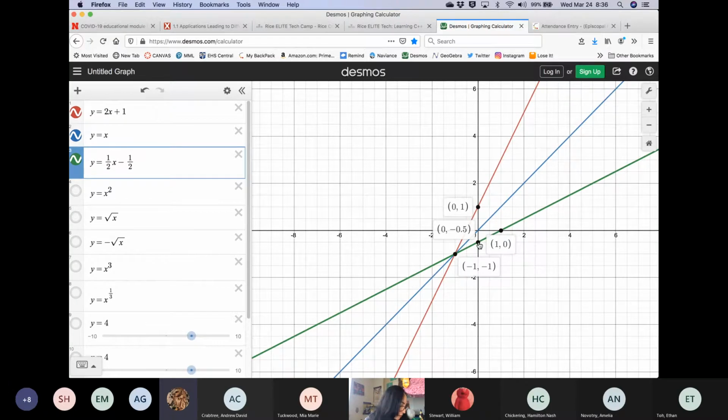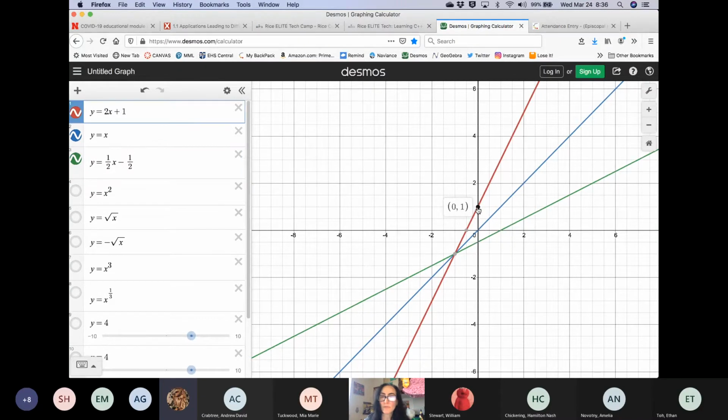So for part 9, on the original one, you should have been able to get this equation. So that is the equation of this green line, which is the reflection of the red line across the line y equal x. You should have been able to obtain that by looking at the 2 points and then writing the equation of the line, finding the slope, finding the y-intercept, etc.